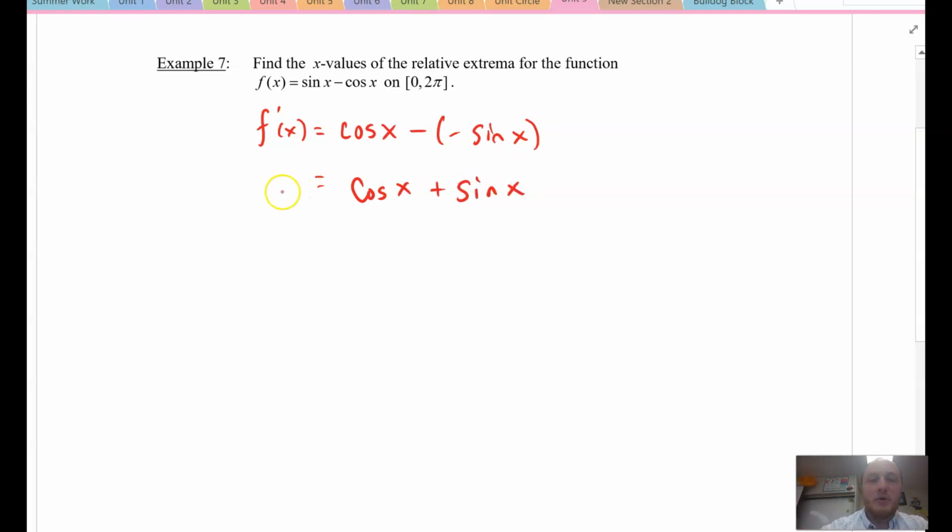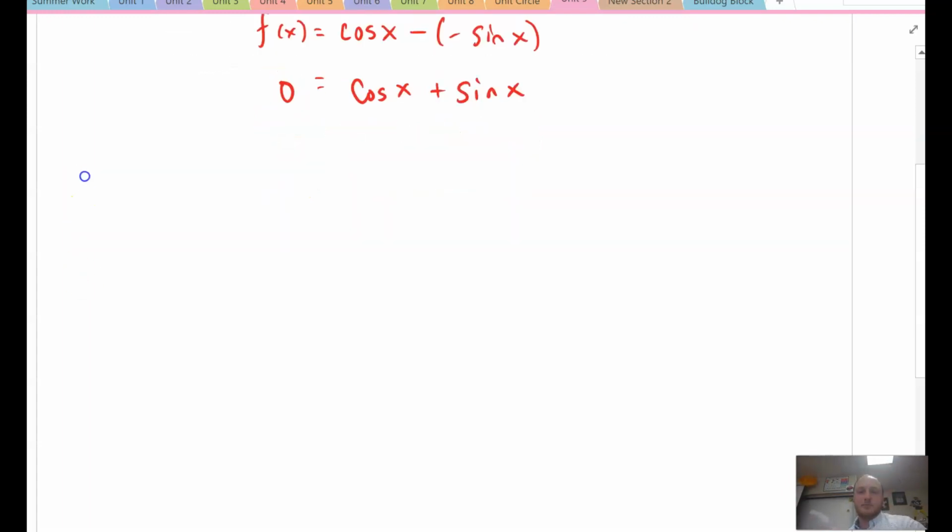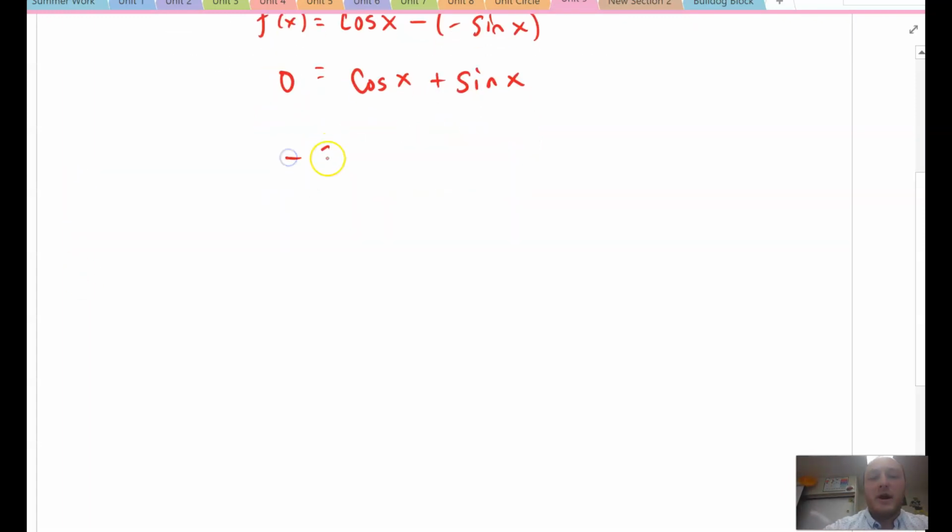What I want to do is set this equal to 0. So I want to know where negative sine of x is equal to cosine of x. Pretty much where the values are equal but opposite, right? If I draw a coordinate grid and a unit circle, that's going to happen at pi fourths, root 2 over 2, root 2 over 2.